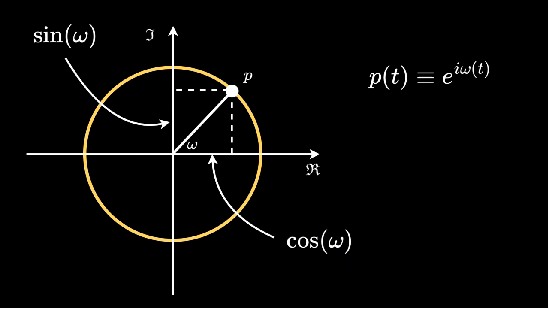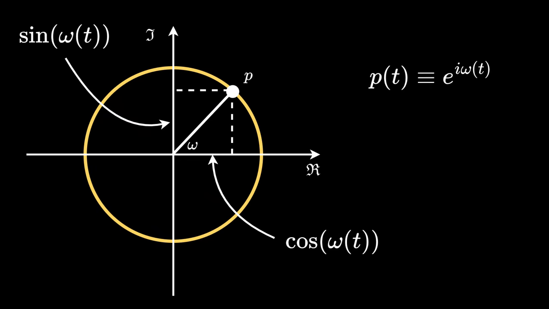Since omega is a function of time, both projections, cos omega and sin omega, the projection onto the real axis and the imaginary axis, also become functions of time, as you can see here. These projections being functions of time is very important, and we will discuss it in a later video.